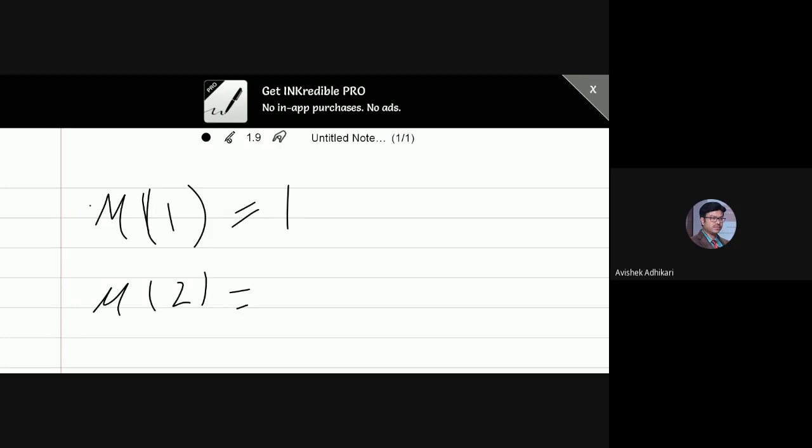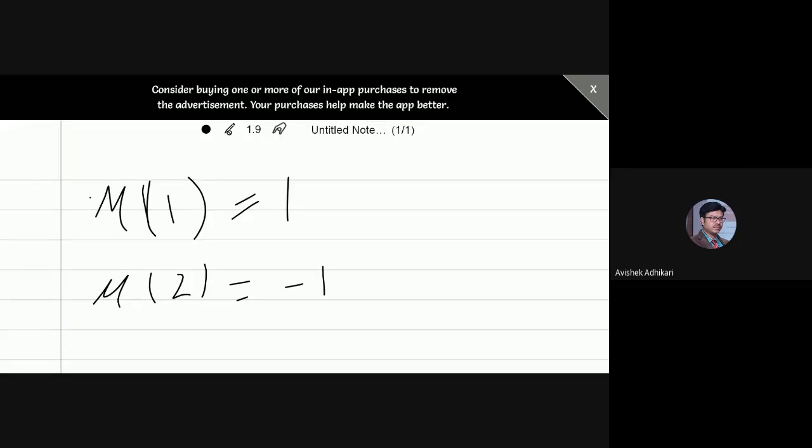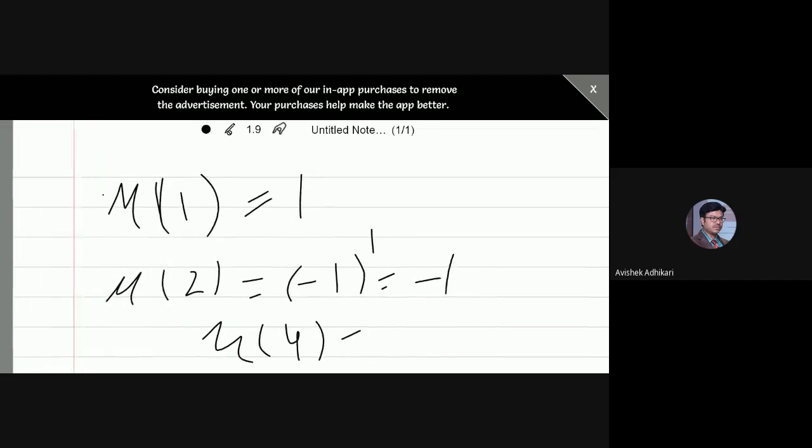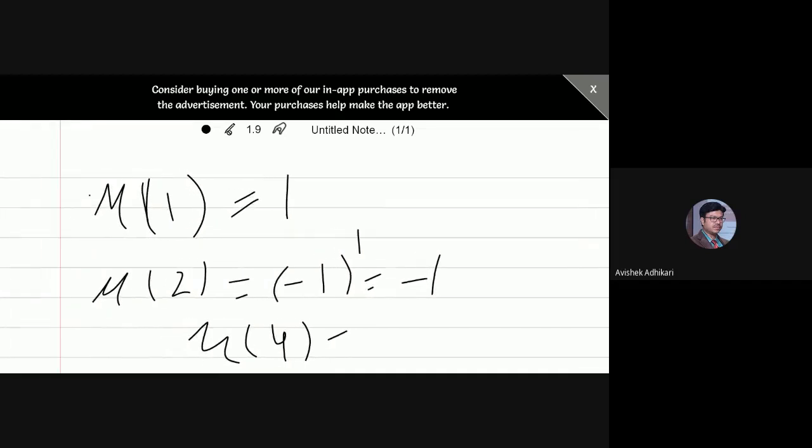So this is a product of one distinct prime number with power 1. So this is nothing but minus 1 power 1, which is minus 1. Similarly, mu of 3 will be minus 1, because 3 is also a product of one distinct prime number. But what about mu of 4? 4 is 2 square, so this will give us 0.